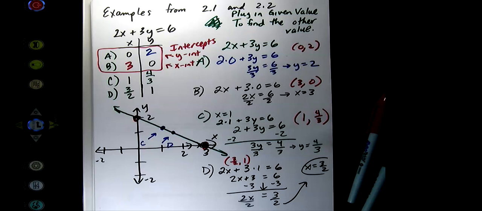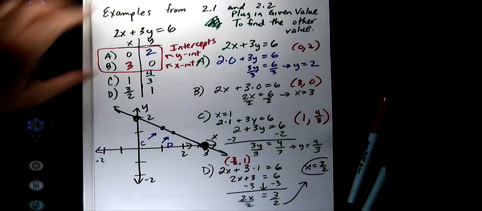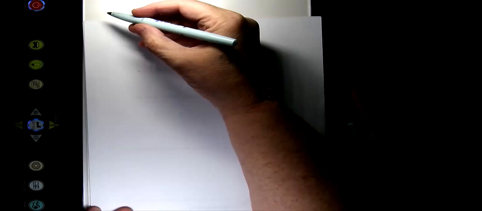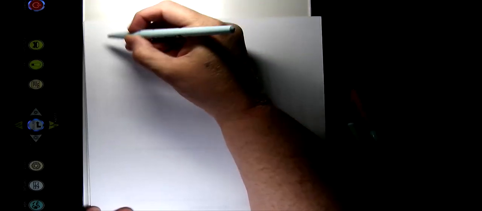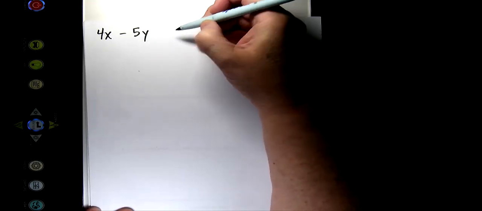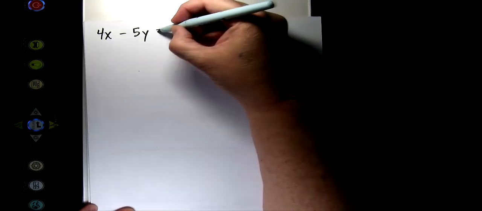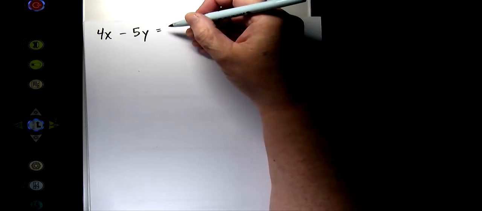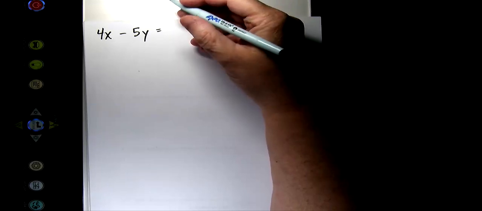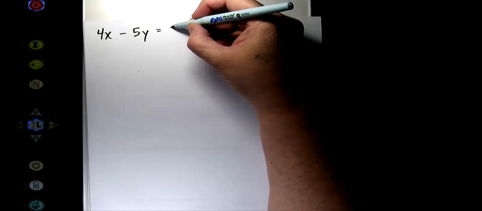Let's give you guys a fun one. Does anyone need that up longer? Are you sure? Okay, stop right there. Let's see. 4x minus 5y equals 20.